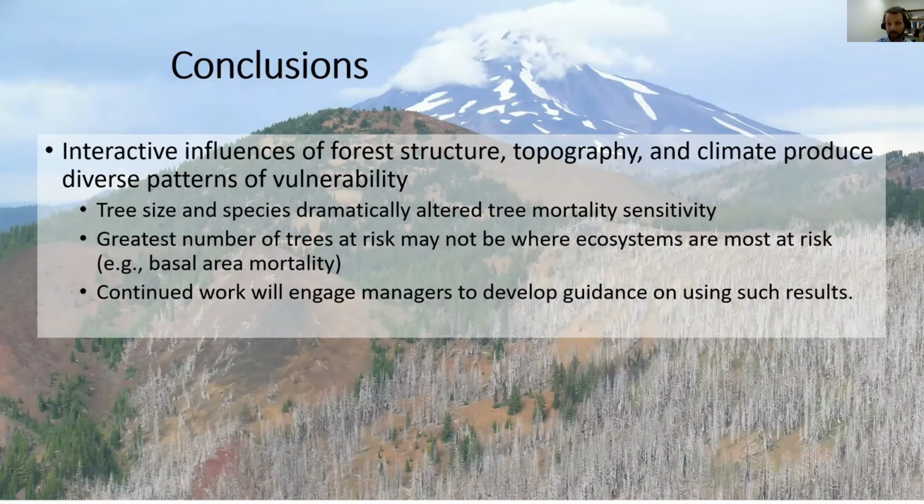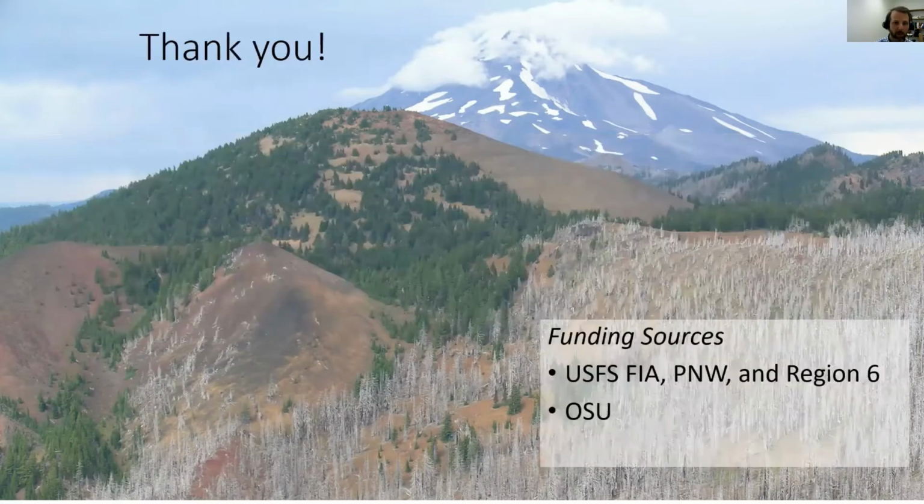Tree species and size clearly matter in our analysis, and alter mortality sensitivity. And when you pair that with the patterns of where the trees are, we see that the patterns of trees at risk versus the ecosystem-level effect, the basal area mortality vulnerability, might be quite different. And we really want to engage with managers to develop guidance for how to use these layers to guide management. So with that, I thank my funding sources, and thank you all for listening.